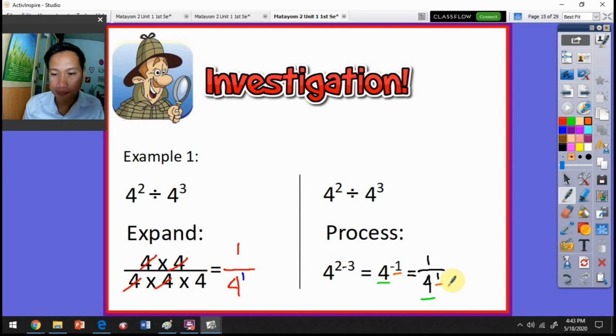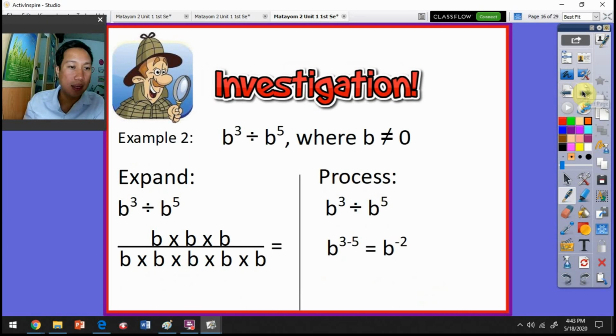Okay, is that clear? Now, 4 to the power of 2 divided by 4 to the power of 3 is 1 over 4 to the power of 1. Okay, so this is the result of simplifying 2 minus 3 exponent.